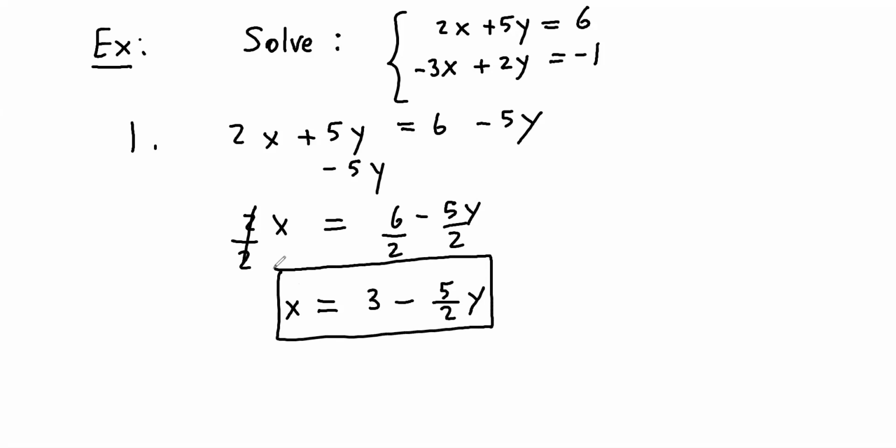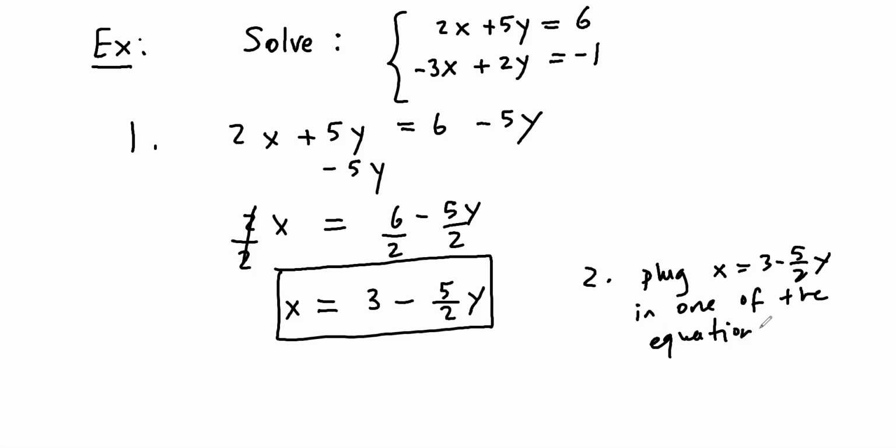Step 2 will be plugging this into either equation. So step 2: plug x equals 3 minus 5 over 2 y into one of the equations.